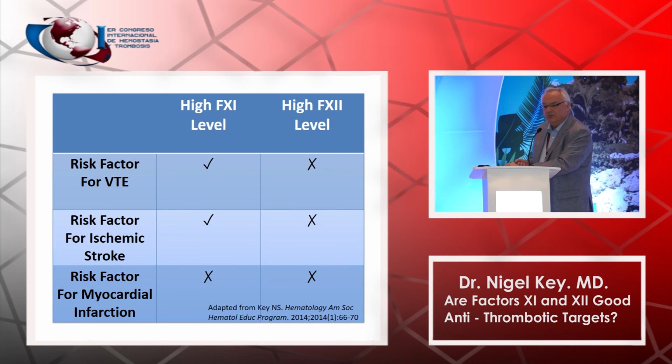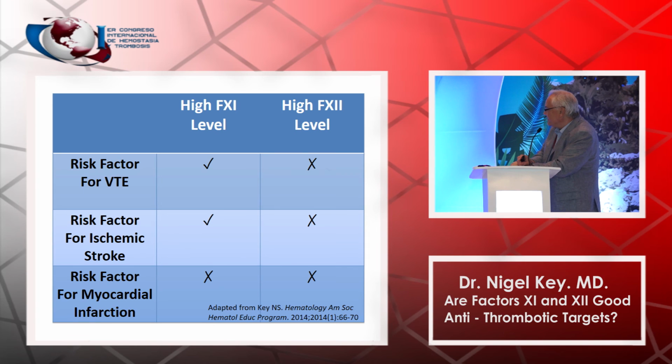When it comes to thrombosis, if we look at the other side of the coin and we think about high factor 11 or factor 12 levels, this is the best data that I was able to pull out for the ASH educational program on what we know currently about factor 11 and factor 12.